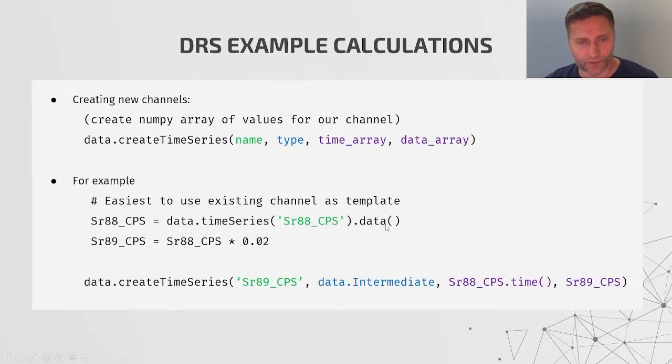So we would get our strontium-88 channel, the data array for that channel, then we'd multiply the array by some number that would give us our new array of values for our new channel. And then we would call this data create time series function. We'd give it the name of our new channel, what type it is, and we'd give it the time array that it's based on, and the new array of values that we've calculated here.